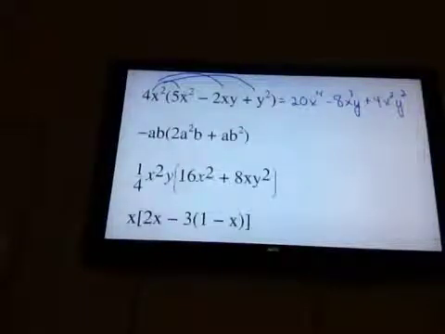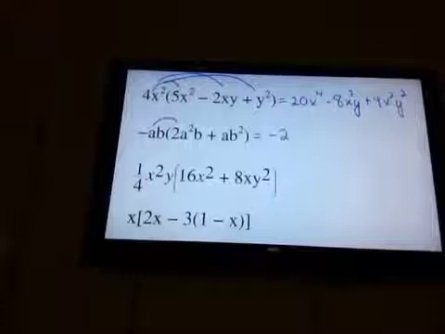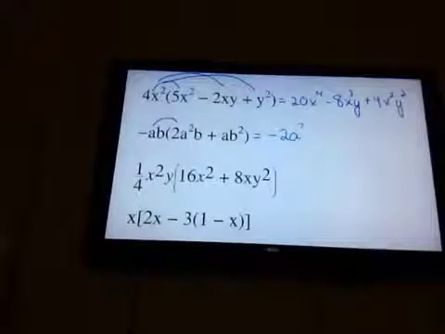Watch your signs here. Negative AB, understood 1, negative 1 AB times positive 2a squared b is negative 2 a to the 3rd power, b to the 2nd power. Again, adding my exponents.